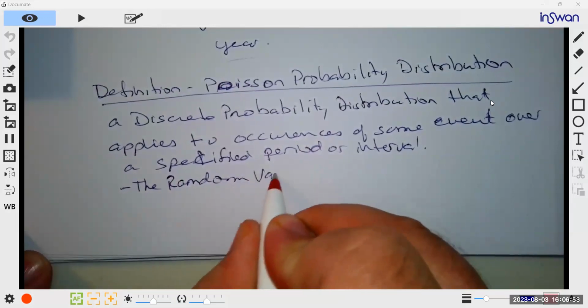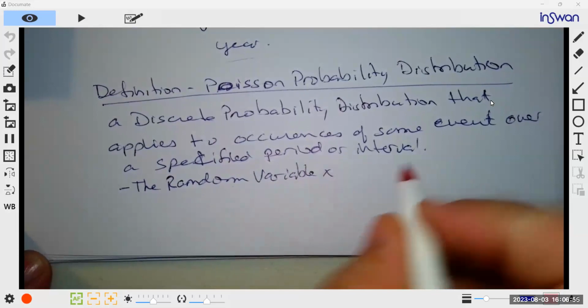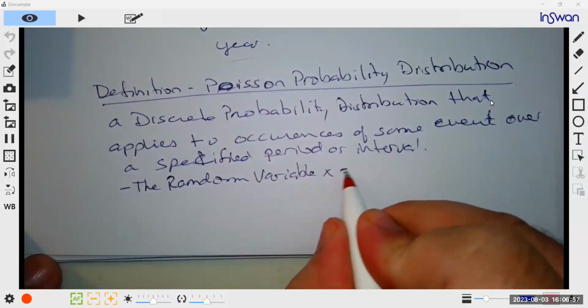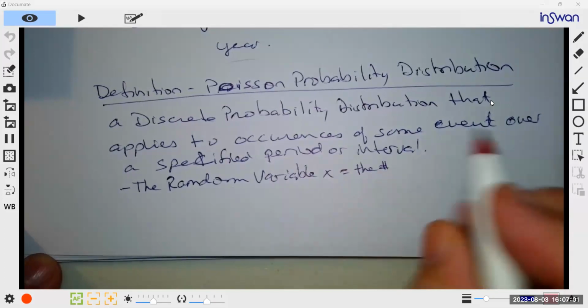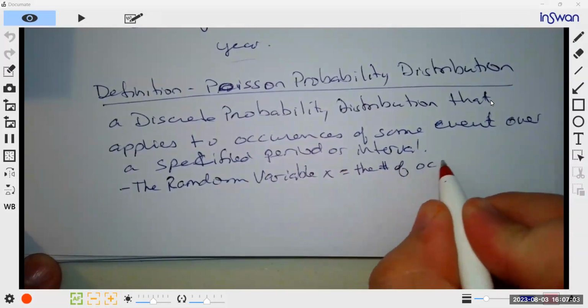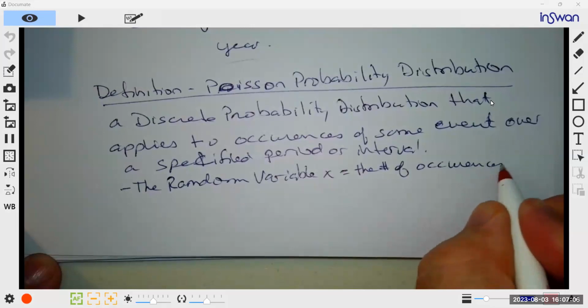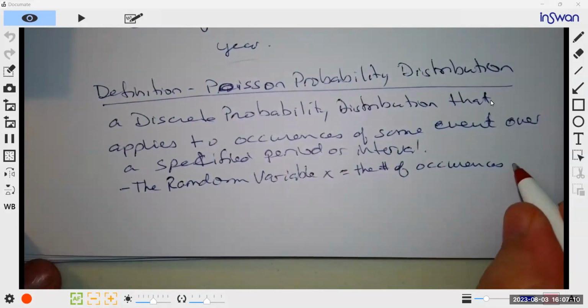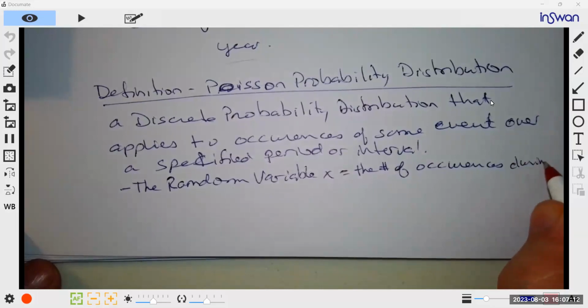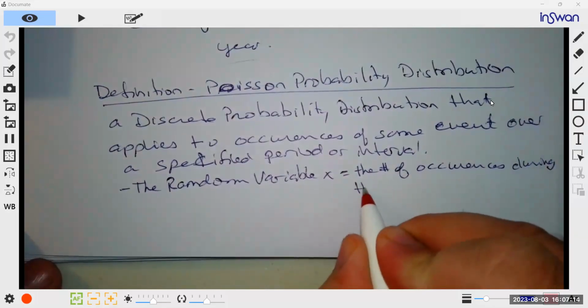The random variable x equals the number of occurrences during that interval.